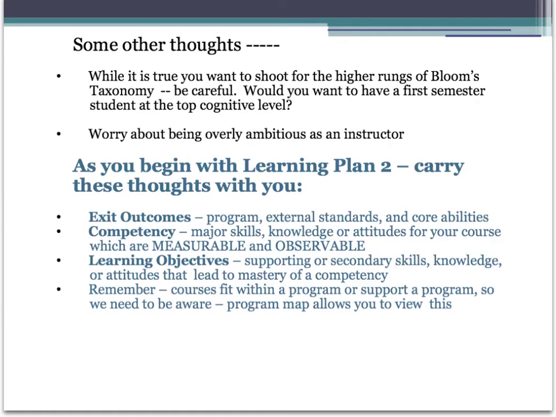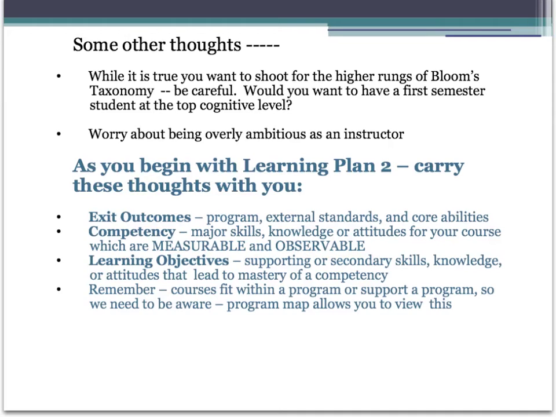Some other thoughts that I just wanted to share with you are, while it's true you want to shoot for the higher rungs of Bloom's taxonomy, be careful, because think about it. Would you want to have a first semester student working at the top cognitive level in Bloom's taxonomy? For example, would you want them creating a project if you haven't already built up that foundation for them to get there?